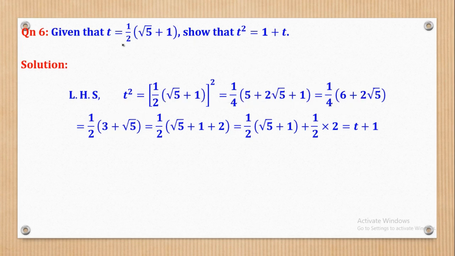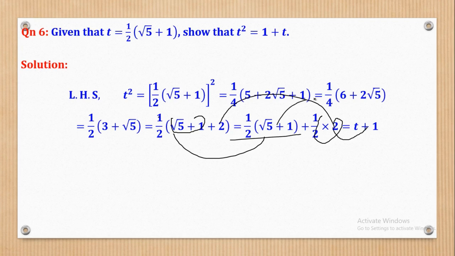But in our expression for t, after this root 5 there is only 1, that is why we are going to split this 3 into 1 plus 2. Then we split it, this 1 times a half to give you this, and this 2 times a half to give you that. Then this one is 1, and this one is t, and basically that is what they wanted.